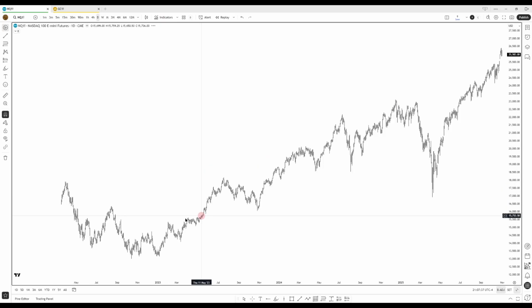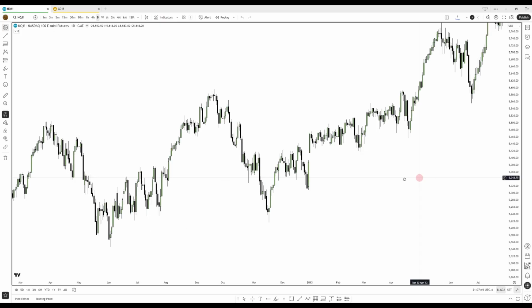Let's go somewhere around here. So let's start from here. Perfect. Yeah. So can you show me the accumulation candle here?